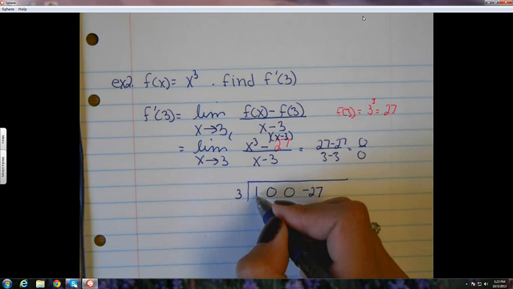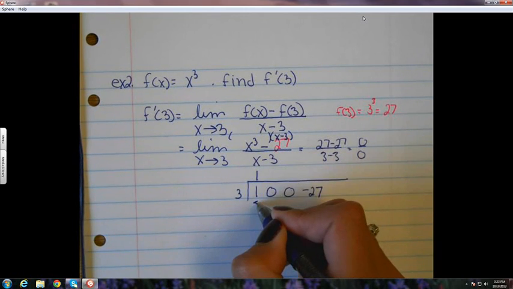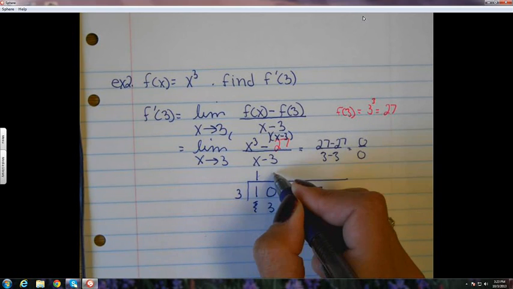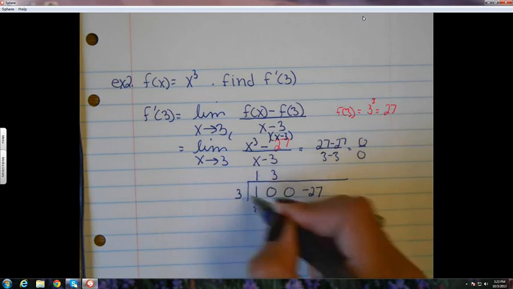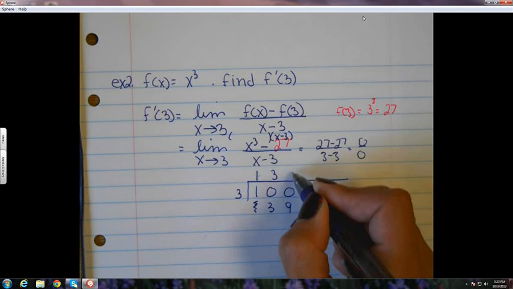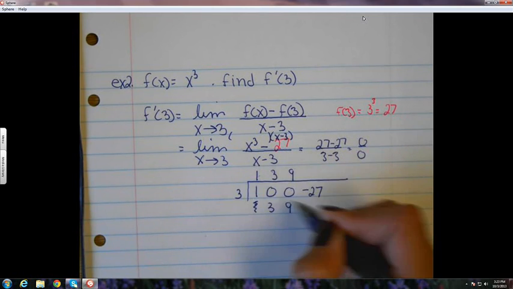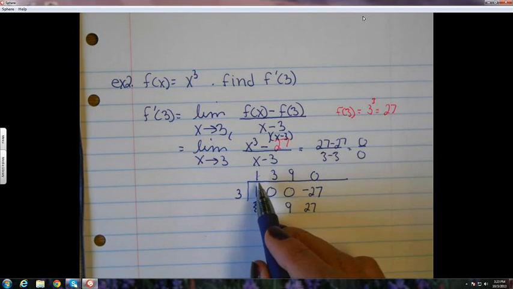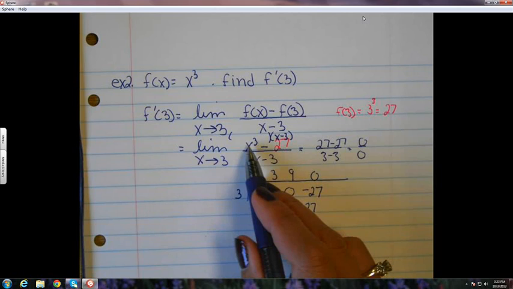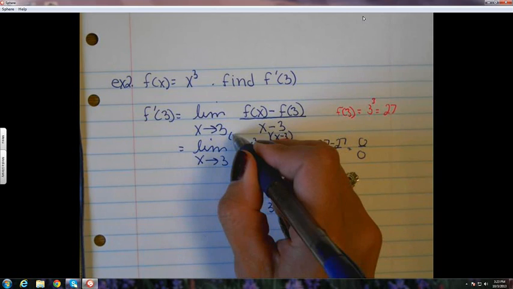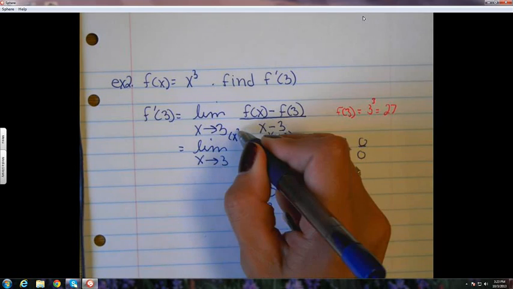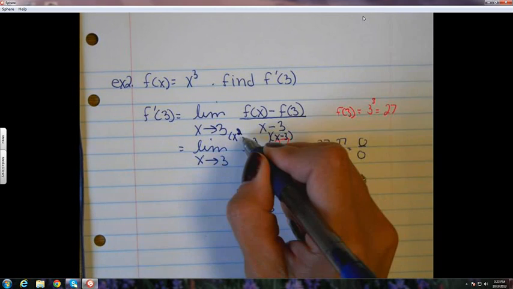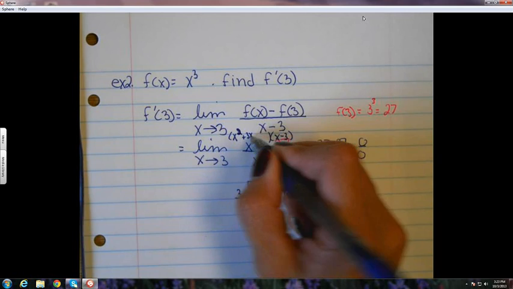So bring down the first one, nothing here, multiply, add vertically, multiply, add, multiply, add. Okay, that tells me my other factor is 1x squared, one less than that, x squared I said, plus 3x plus 9.